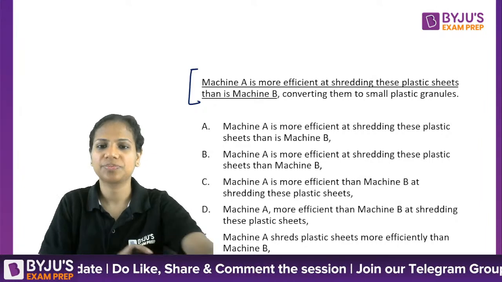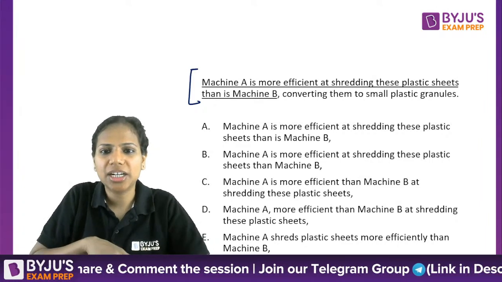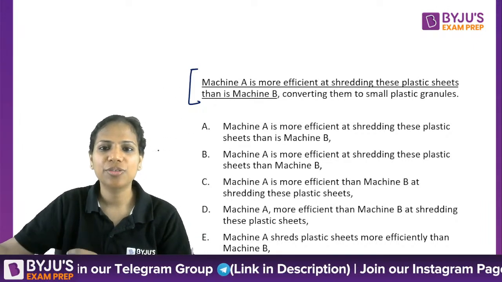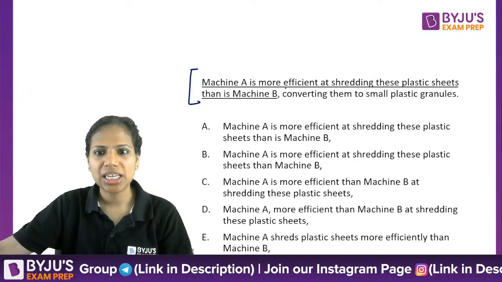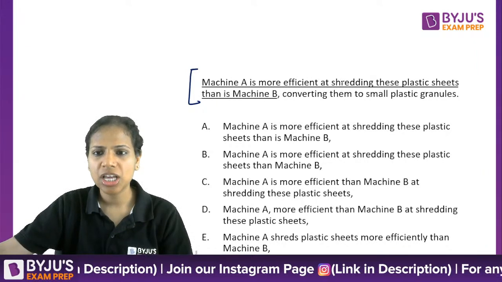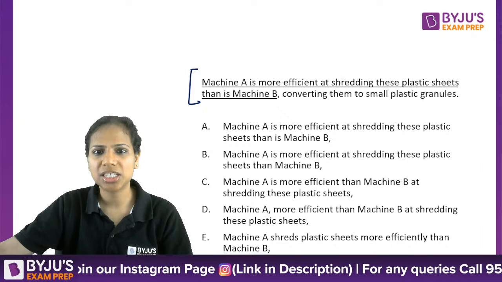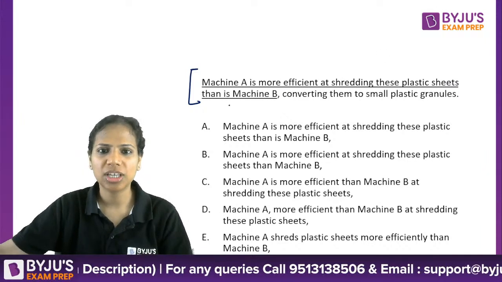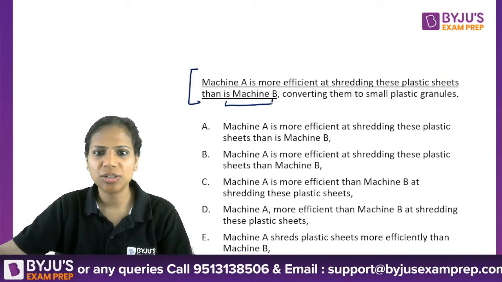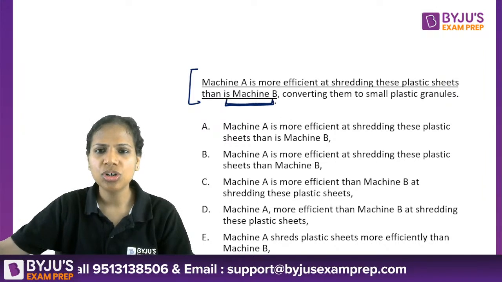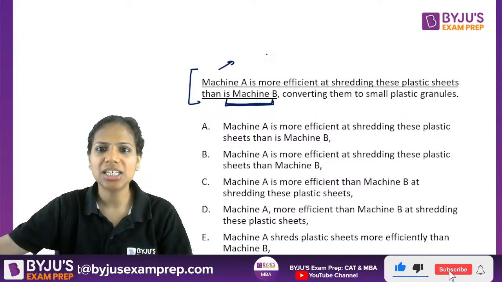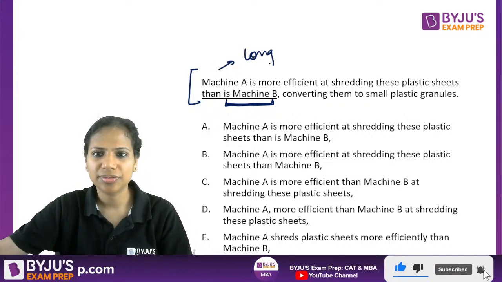Confused. Okay. Let's understand the meaning of these various fragments. Machine A is more efficient at shredding these plastic sheets than is machine B. Okay, than is machine B. So this construction is unnecessarily long.